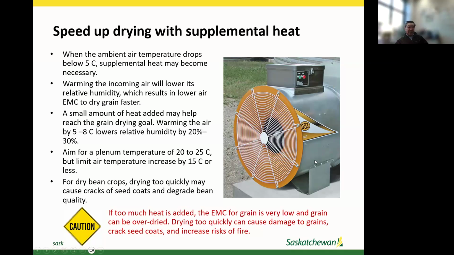If too much heat is added, the EMC for the grain is very low, and the grain can be over-dried from the bottom part. And drying too quickly can cause damage to the grain, crack the seed coats, and increase the risk of a fire as well.